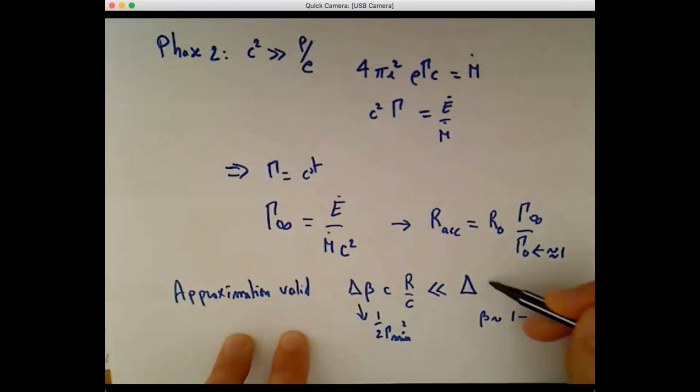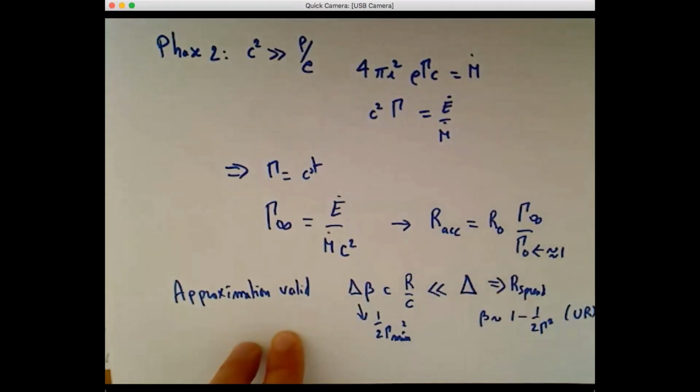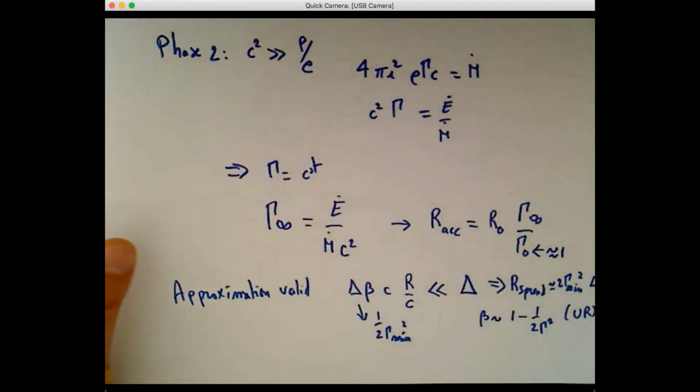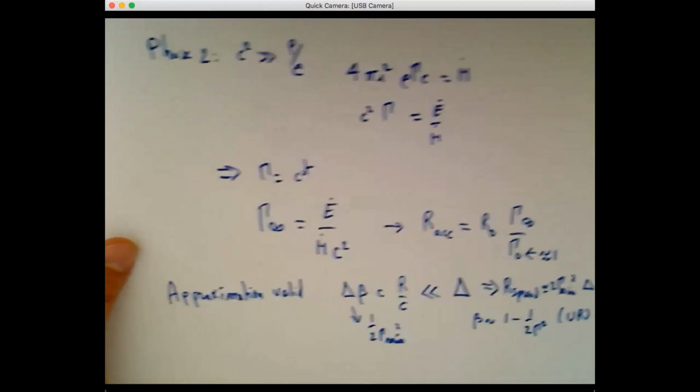So it gives a limit which is called the spreading radius. Below the spreading radius, interactions between layers are negligible, and the spreading radius is of the order of 2 gamma mean square times the initial size of the fireball. Okay, so I now have two important characteristic radii: the acceleration radius and the spreading radius.